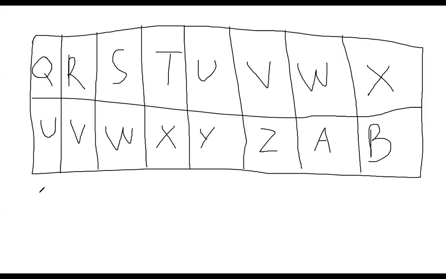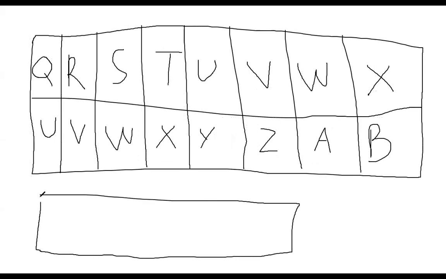Okay, so I'm going to come down here and draw a second box because we only have a couple letters left. Let's see. X, Y. We only have 2 letters left.